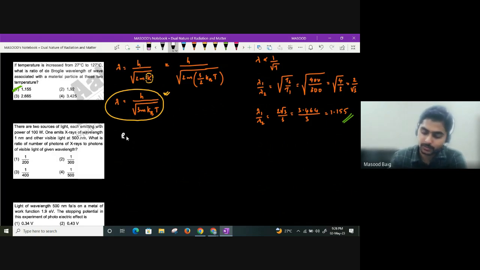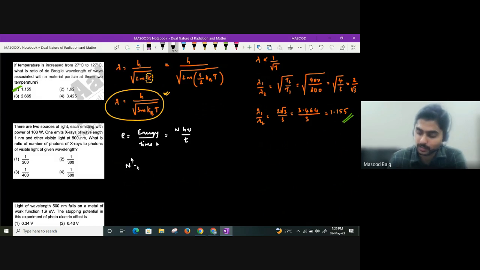Do they have the same power? What is power? Power is energy per unit time. For one photon, energy will be h nu divided by t. If n number of photons is there, you will write n into h nu by t. They are asking the number of photons.